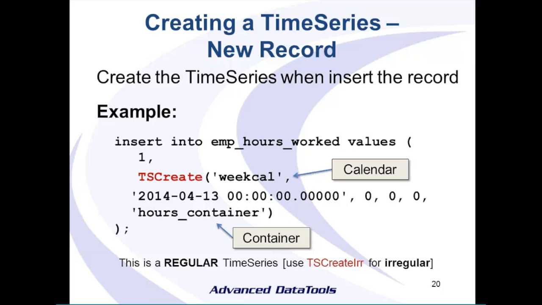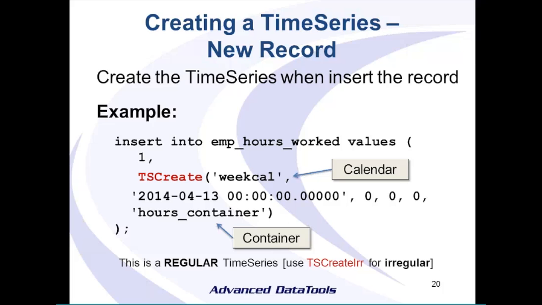Time series can also be used to create irregular timestamps, when there might be a long period of not receiving any data and then suddenly getting some data that may not conform to any particular schedule. In those cases, that's an irregular time series, and that will store a timestamp in the time series record, and use a different function to create that, the tsCreate for irregular.